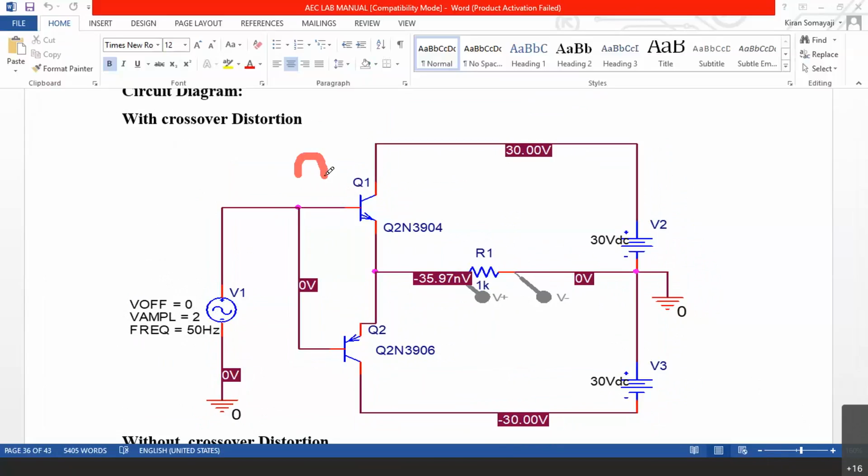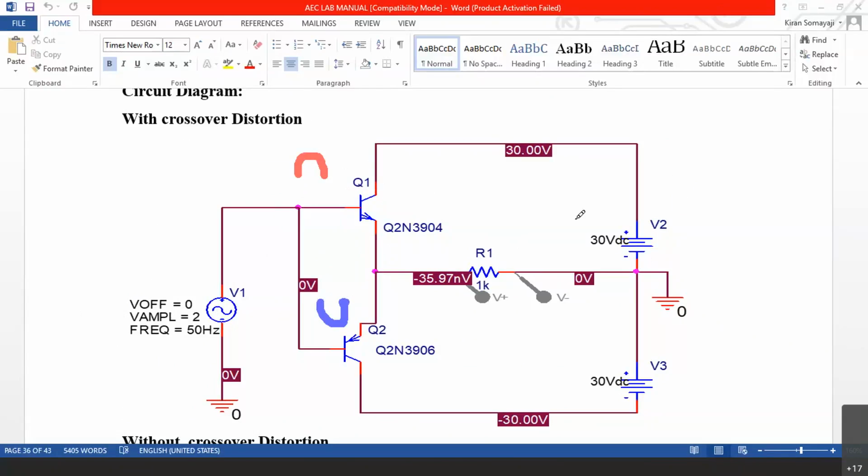In the positive cycle, Q1 will conduct, and in the negative cycle, Q2 will conduct. You can see in the positive cycle, Q1's base-emitter will have bias, and from this junction of the emitters, a load is connected and this portion is the ground.